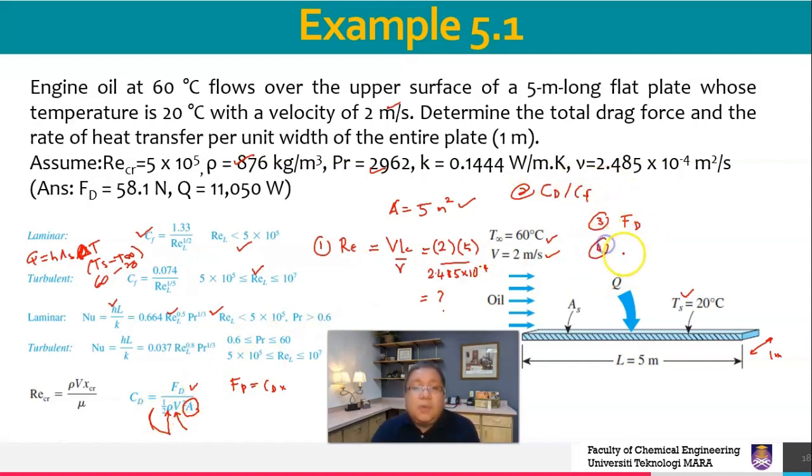Number 4, Nu, based on Reynolds number as well. And number 5, you determine the value of h from Nusselt number. And number 6, you can determine the value of q. So the ultimate objective of this question is to determine number 3 and number 6.